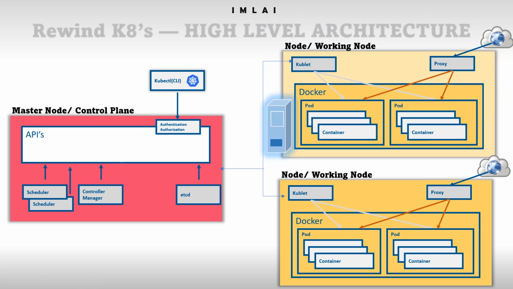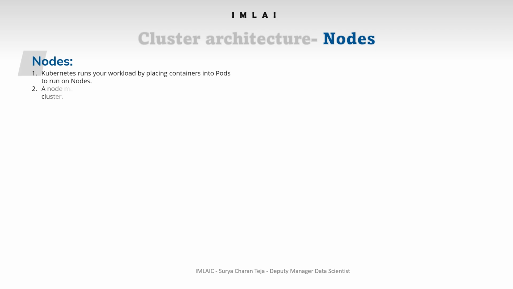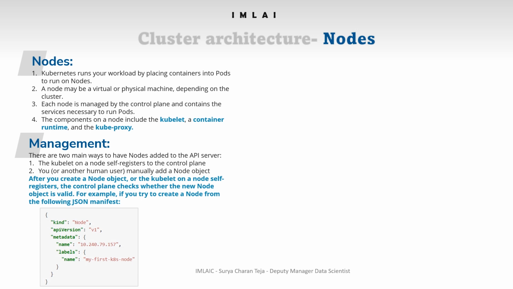After you create a node object, or the kubelet on a node self-registers, the control plane checks whether the new node object is valid. For example, if you try to create a node from the following JSON format that you can see on your screen, called a JSON manifest, Kubernetes creates a node object internally as the representation.